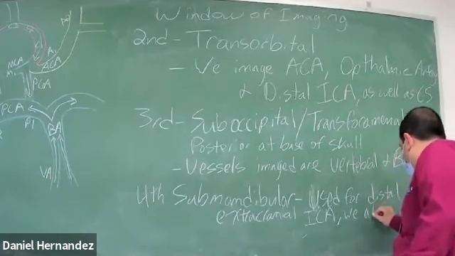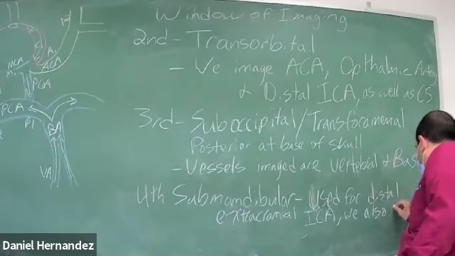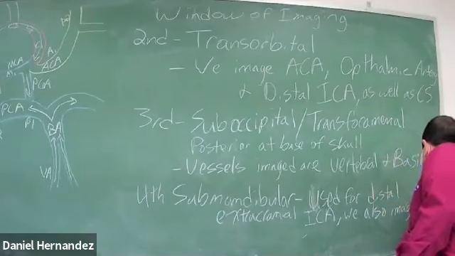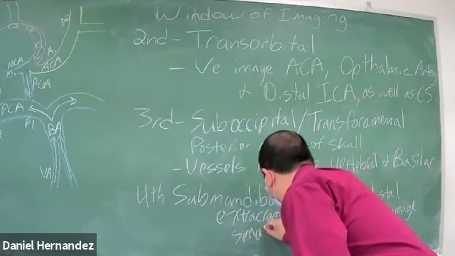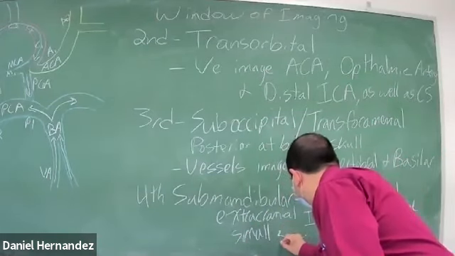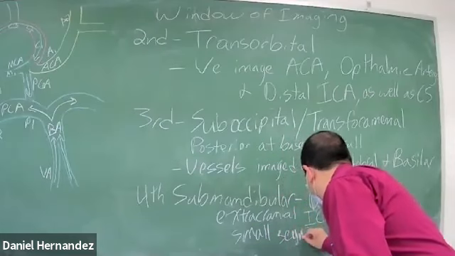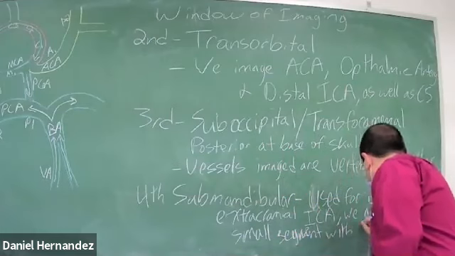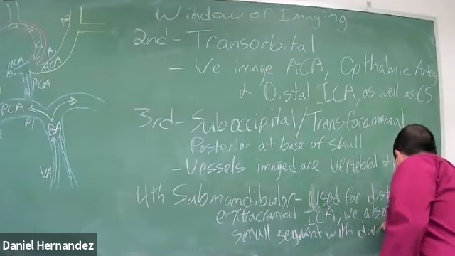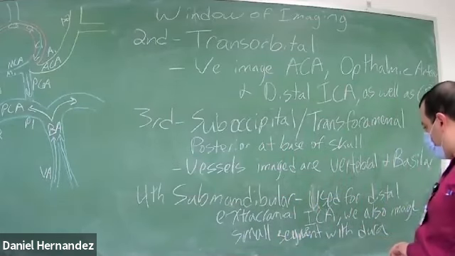For the submandibular, we can also image a small segment within the dura. The dura is that first layer of the skull.